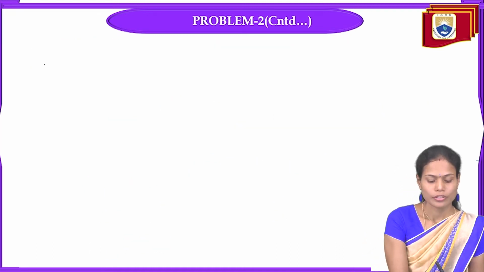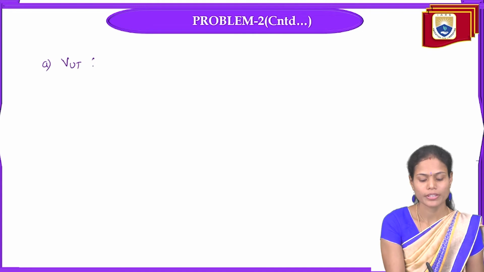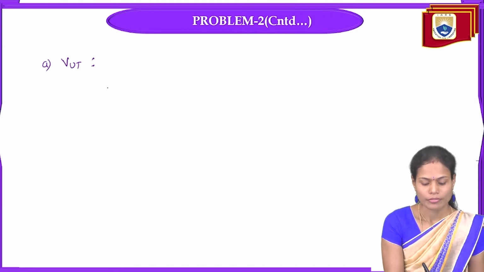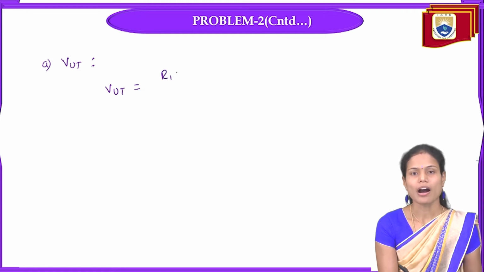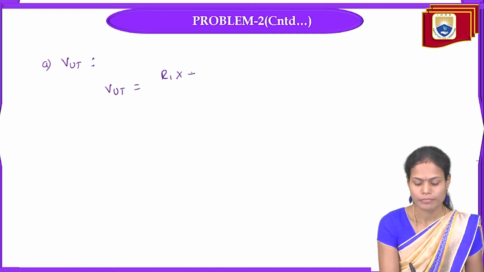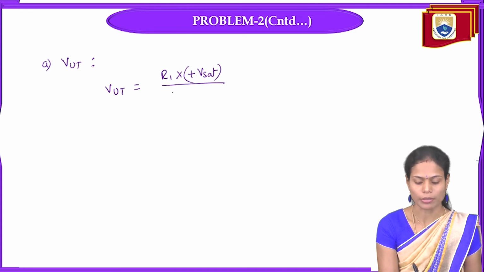To find the first one, that is the upper threshold voltage VUT, we know the formula. VUT, the upper threshold voltage, is equal to R1 resistance into plus V saturation value divided by the total resistance for the non-inverting terminal, R1 plus R2.